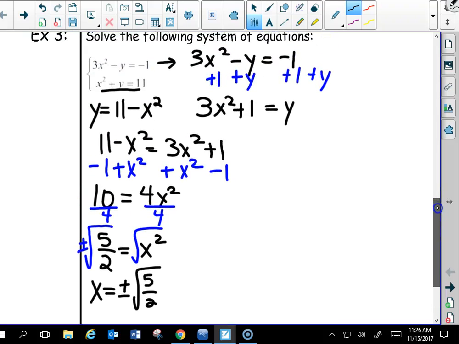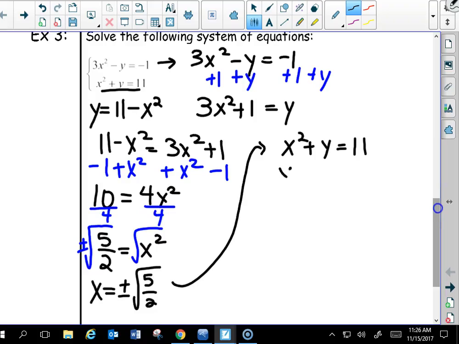But now what I have to turn around and do is solve for y. So I'm going to grab the easiest equation that we were given, the x squared plus y equals 11. And I solve that for y by subtracting x squared. Now I'm going to plug in my x squared. So y equals negative x squared plus 11.